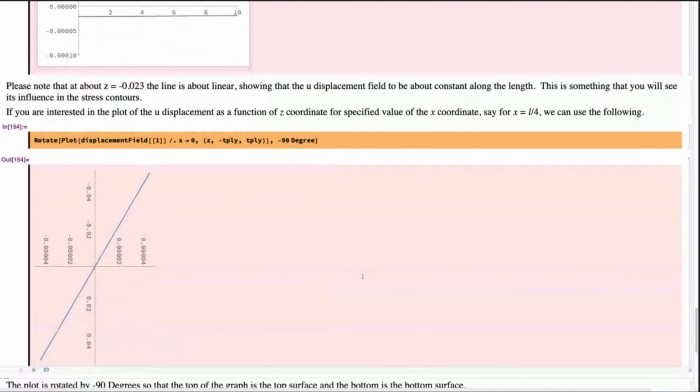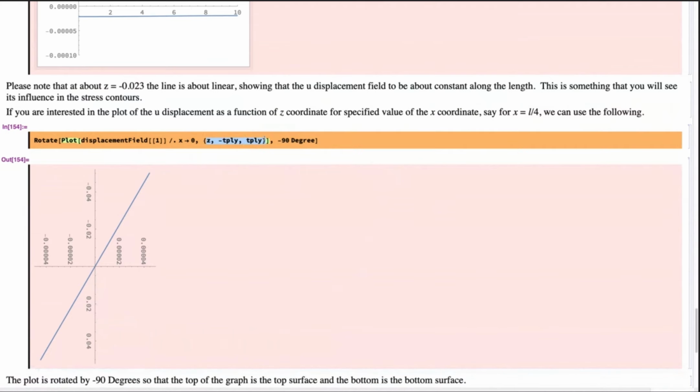And what you see here is now a plot of the u displacement as a function of z coordinate at x equals 0. So right at this edge of the plate, I'm looking at the entire displacement field. It's linear like this, okay?